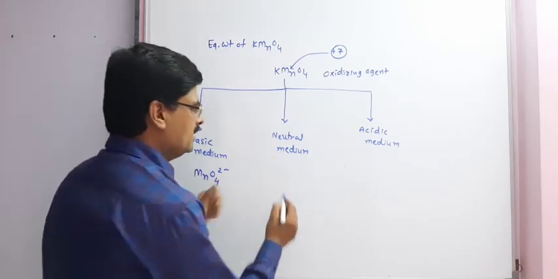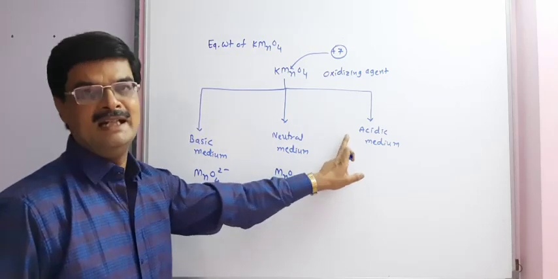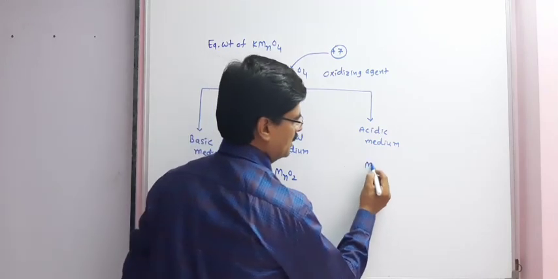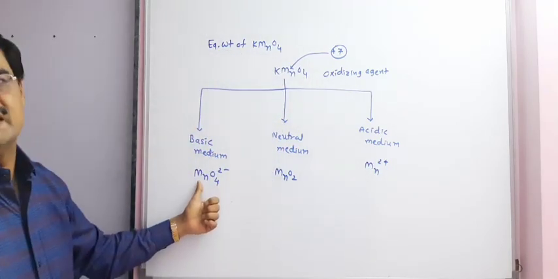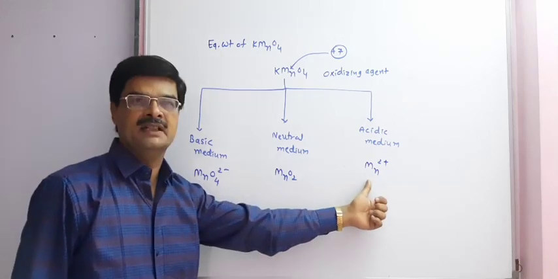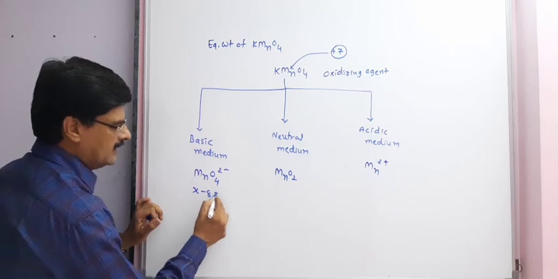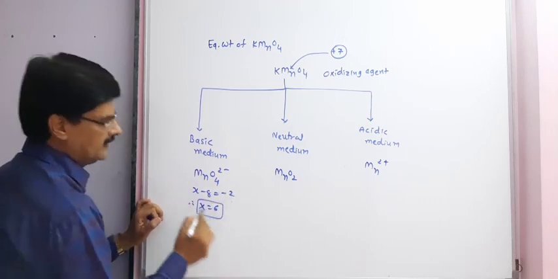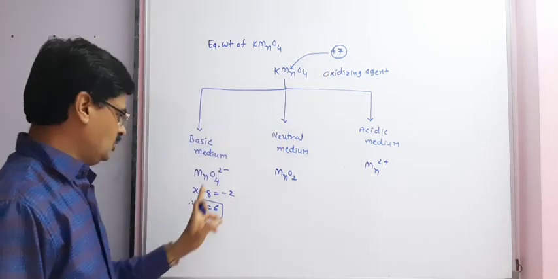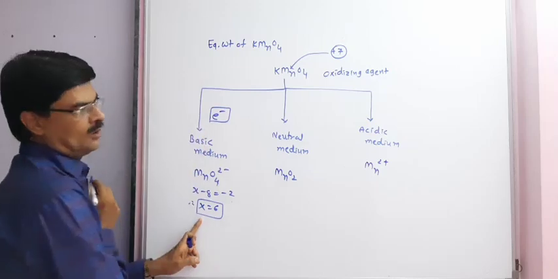In neutral medium, it gives MnO2, and in acidic medium, it converts to Mn2 plus. Find out oxidation state in all the three cases. In MnO4 2 minus, x minus 8 is equal to minus 2, so x is equal to 6. So from 7 to 6, only transfer of one electron.